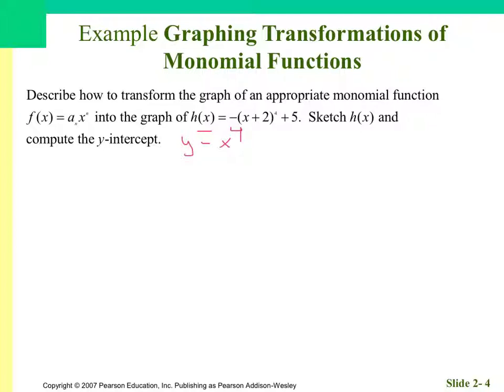The negative means it's reflected over the x-axis. It was moved left 2 units because of the plus 2 and up 5. Remember, we've been going over these, okay?